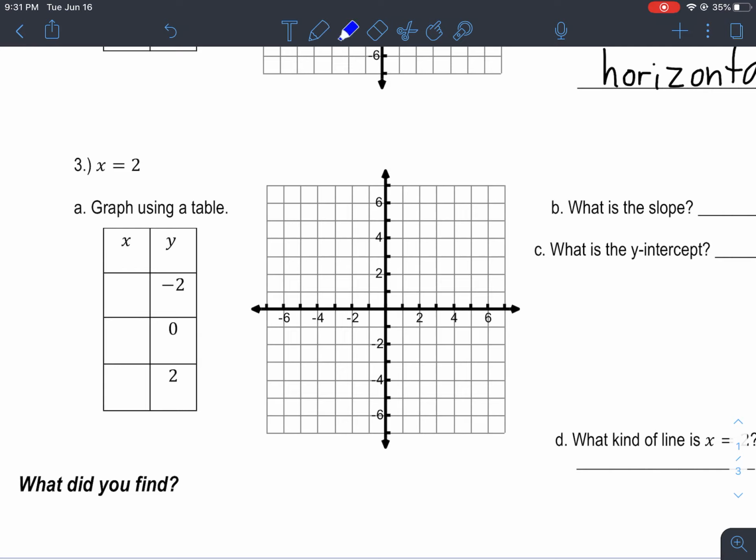Just like when y was always 2, if the equation is x equals 2, that means x is always 2 no matter what y is. So now if I plot my points, 2, negative 2, 2, 0, and 2, 2. And I connect the points.